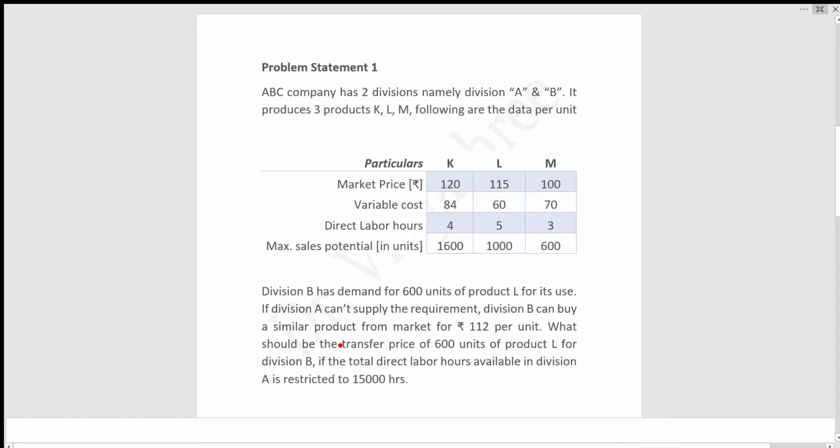Finally we have to calculate the transfer price offered by Division A to Division B for 600 units, and then compare that price to the market price and give a comment. So let's calculate.